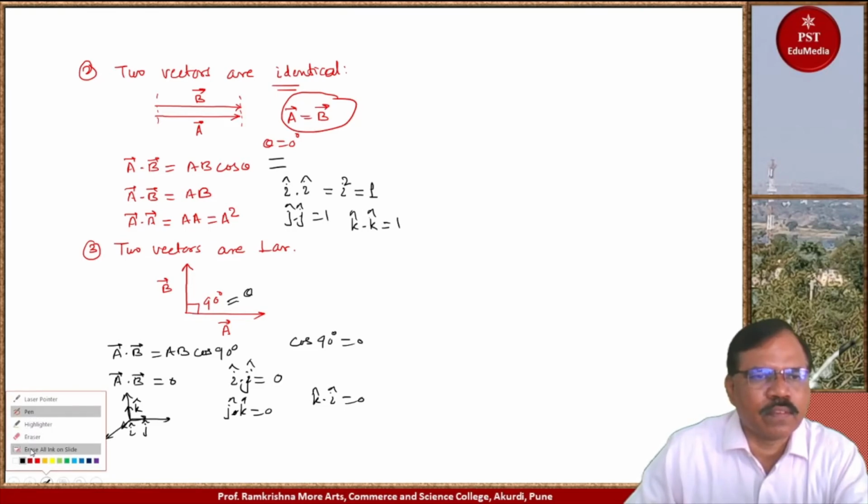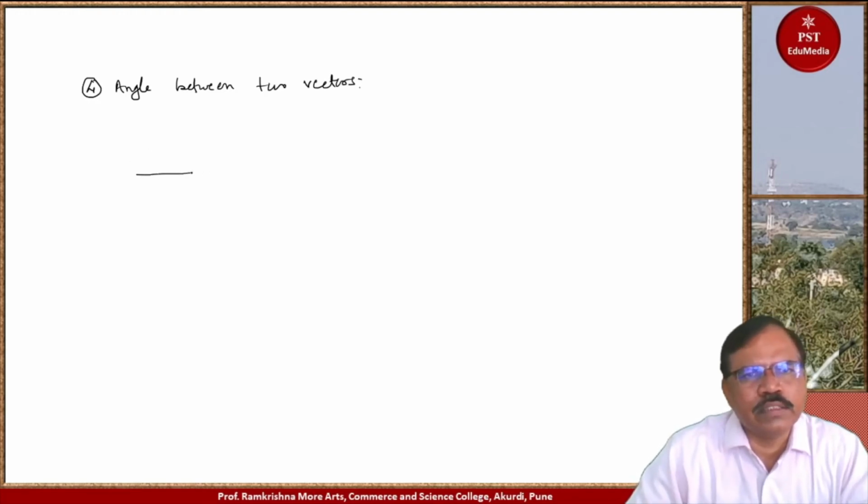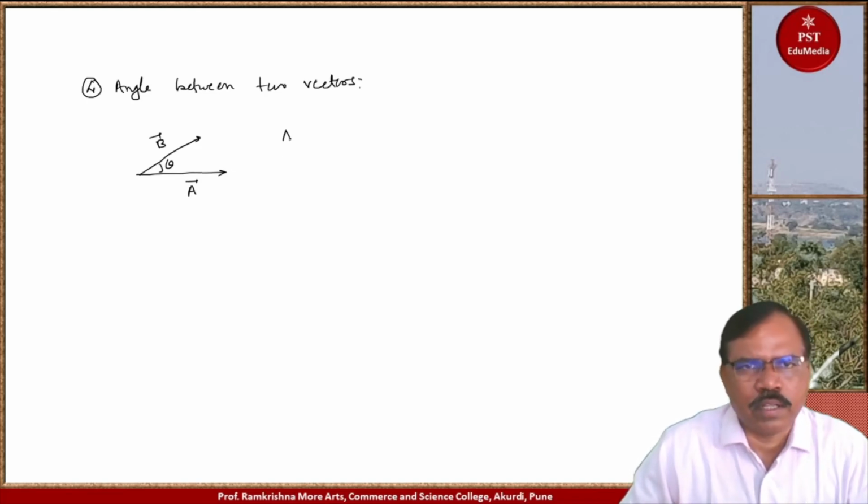Now, if we want to find the angle between two vectors, so here we will take the next one, the fourth one: the angle between two vectors we have to find. Okay, how can we find? Here this is the first vector A, this is the second vector B, and suppose theta is the angle, then we know the dot product A dot B is equal to AB cos theta.